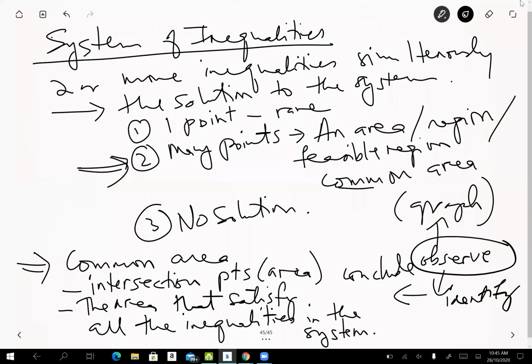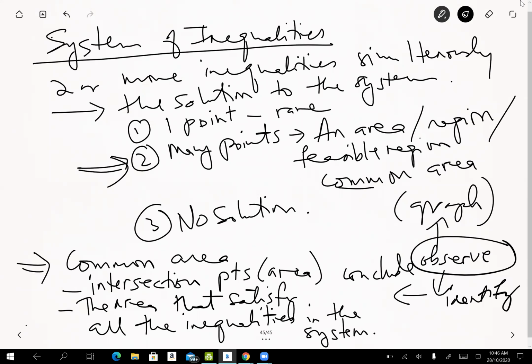So the common area, the intersection area, is the area that satisfies all the inequalities in the system. All right, so that is our solution. The solution to the system is a common area, and that area is the intersection of all the inequalities. If there is no solution, that means there is no common area. There is no intersection between the inequalities.